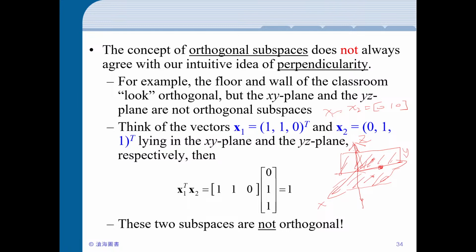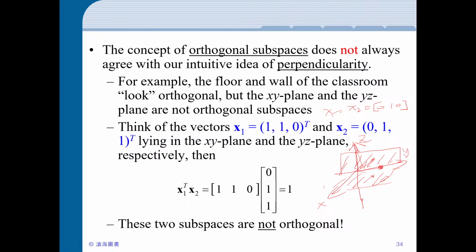They are subspaces and they look pretty perpendicular, but they are not orthogonal. So if you have the xy plane as your first space here, you should have just the z-axis as the second space. The xy plane and the z-axis will be orthogonal to each other, but the xy plane and the zy plane are not orthogonal to each other.